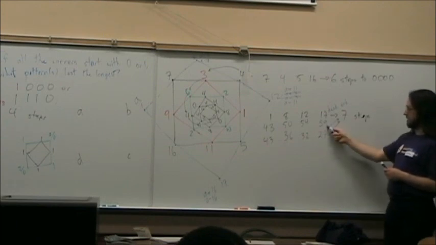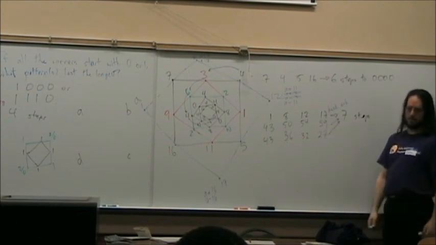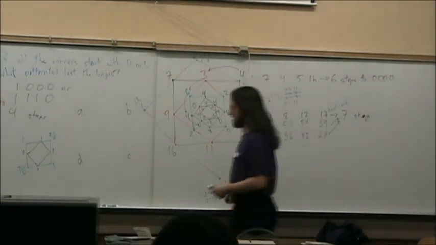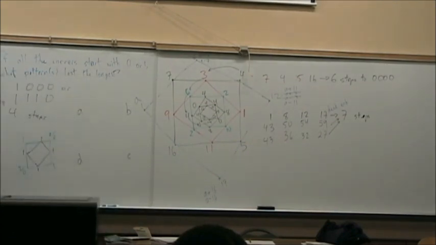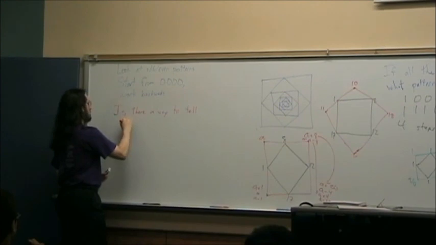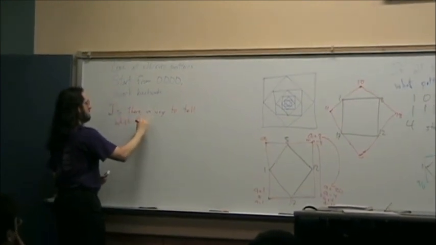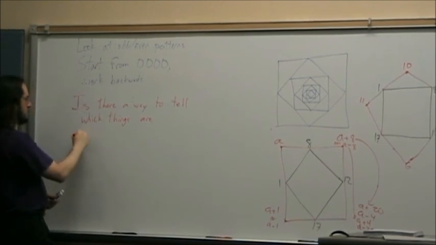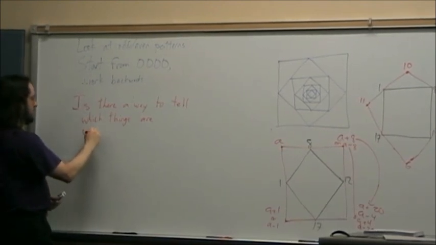But how about this one, or any of the infinitely many other choices? I mean, maybe the real question now is, without going through all that algebra, is there a way to tell which things are, I don't know what the word is for this, work backwardable?